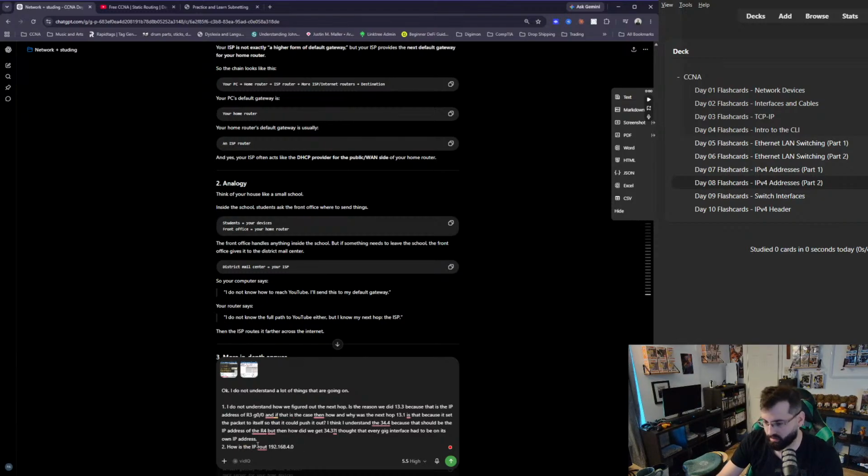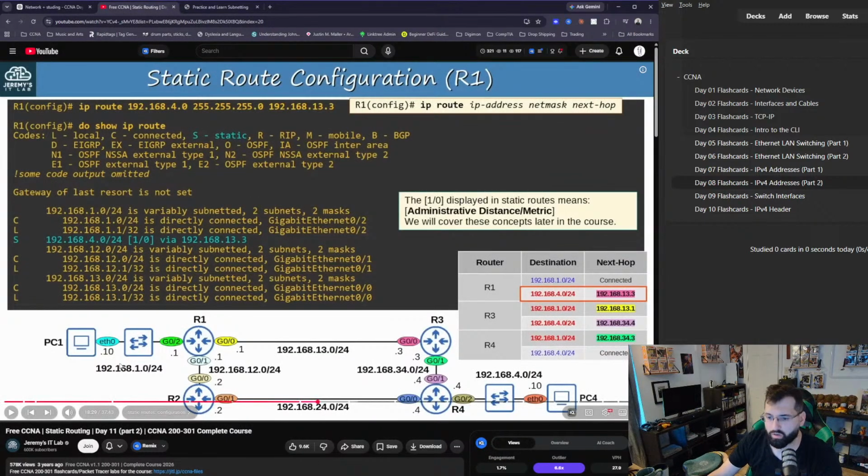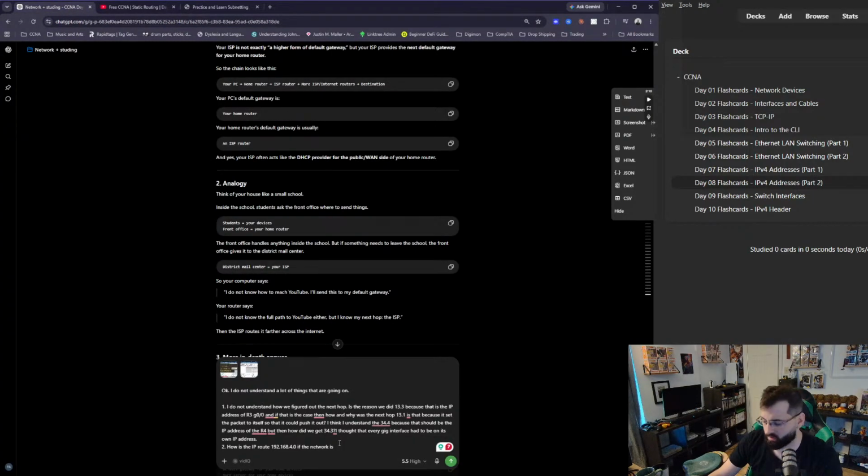How is that possible if the network that it's on is 0.1.0/24?